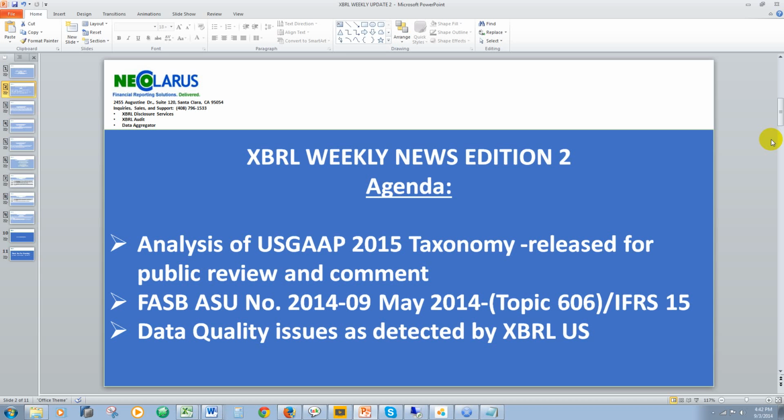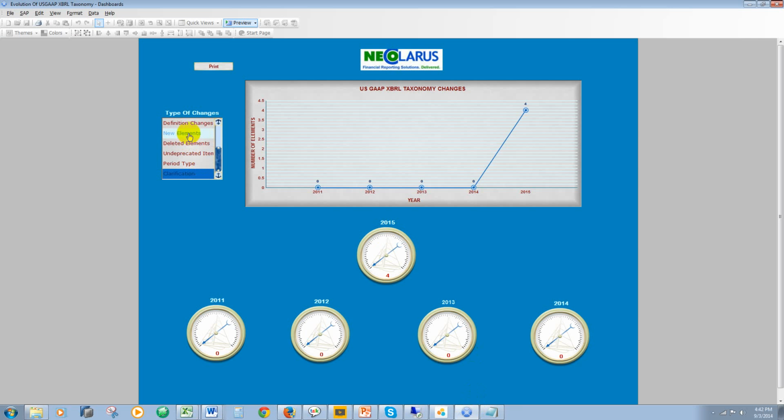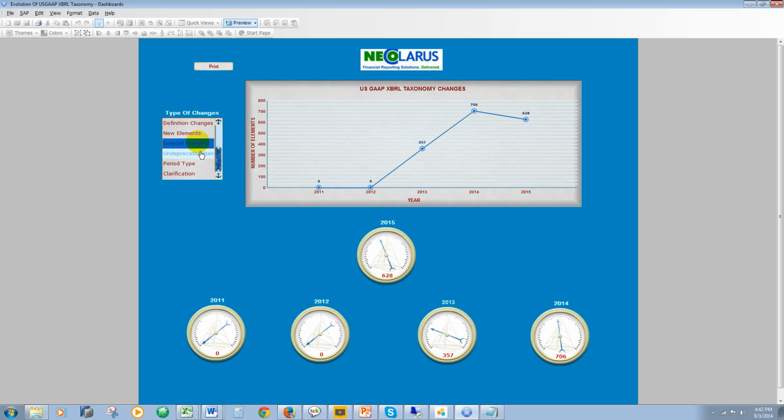This was a joint effort between FASB and IASB, and on the IASB side it's known as IFRS 15, and it covers the revenue recognition concept or standard. And then lastly I'm going to cover the data quality issues which were detected by XBRL US until September 3rd 2014. So let us go into the US GAAP 2015 taxonomy.